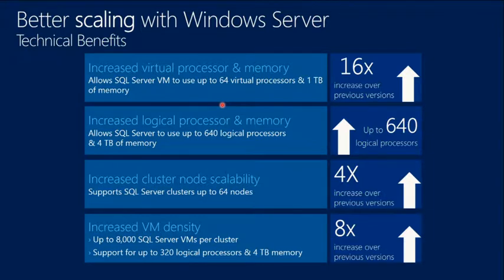So you can run up to 64 virtual processors, and you can run all kinds of applications there, and each VM can run up to 1 terabyte of memory. So it's huge, right? So now you can put a large VM running SQL Server, right? Even your most mission-critical workloads, you can potentially put in here. So it's 16 times better than our previous version of Windows Server, okay?